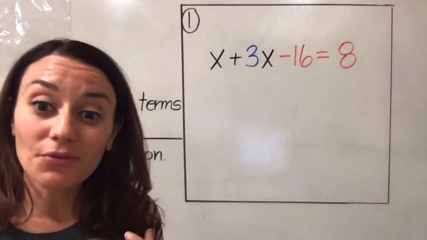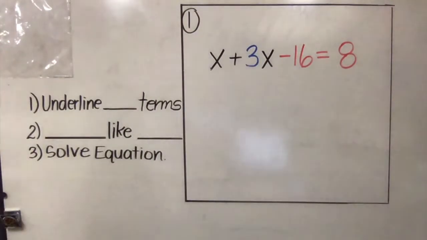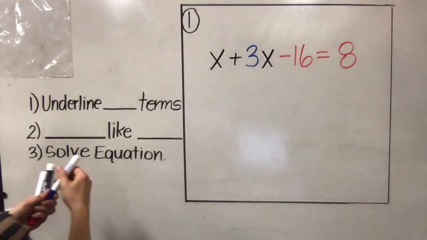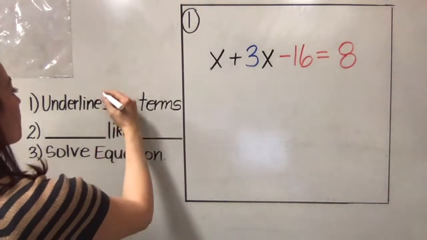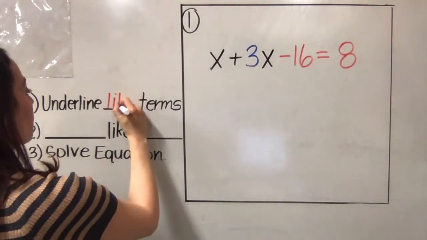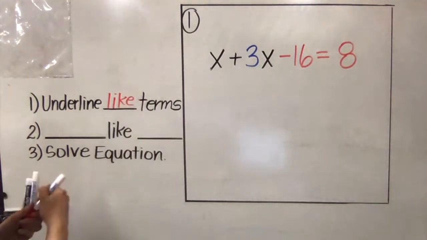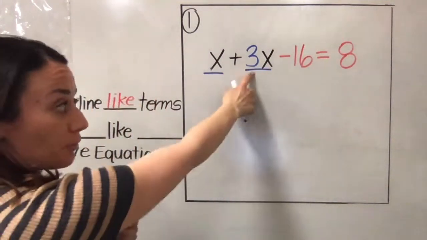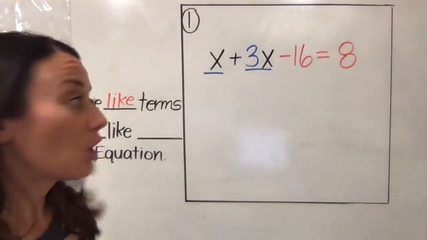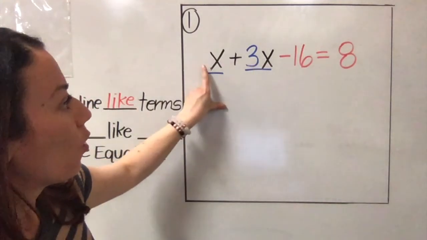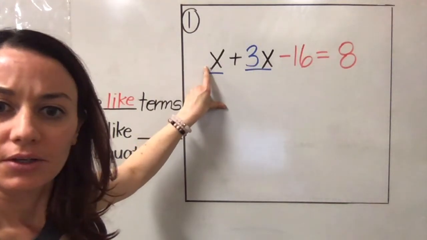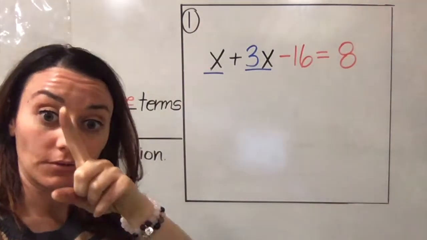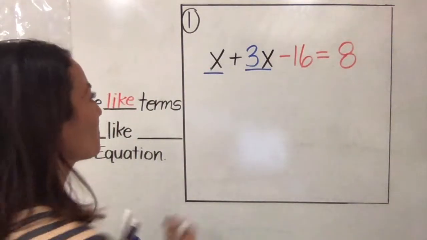First we have to identify that those are the same by underlining the like terms. Okay, so we have an x here, and we have 3x here. Now the coefficient here is 3. How many x's are here? 1, right? So you can write that coefficient.